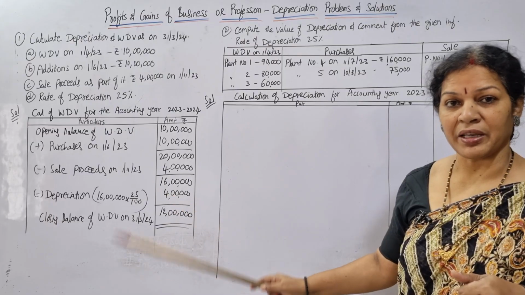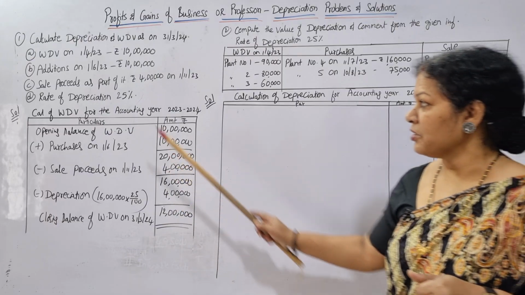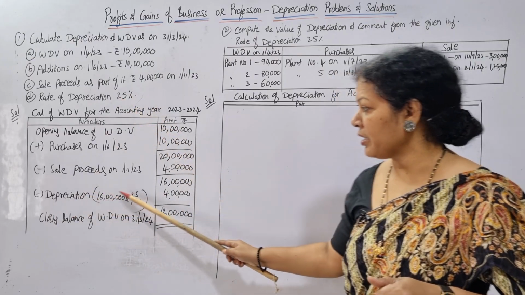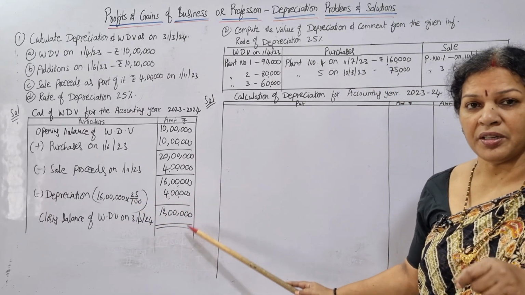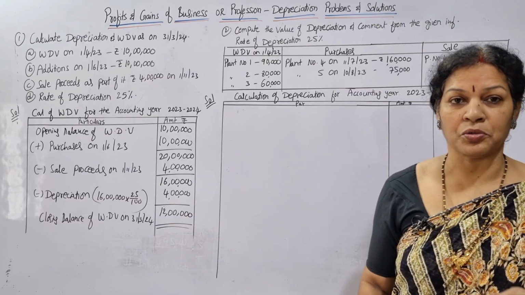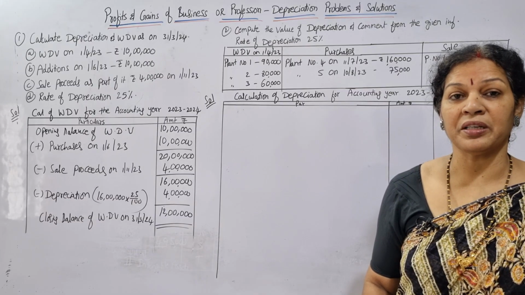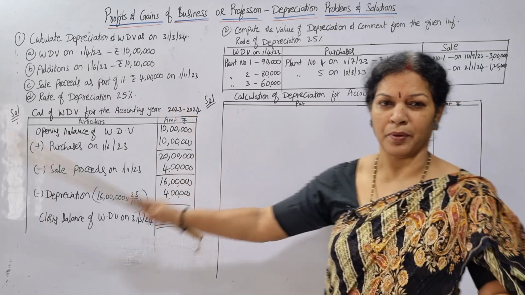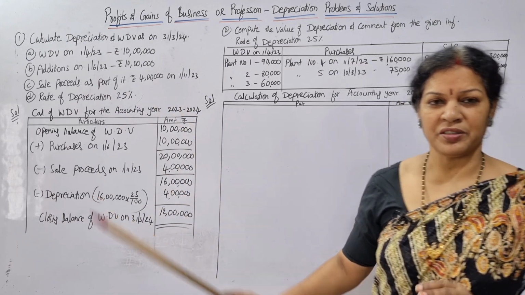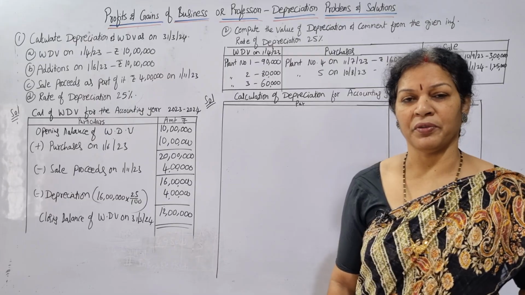On 16 lakh, we are calculating the percentage. Depreciation percentage is given. 16 lakh, 25% it comes to 4 lakh. If you deduct depreciation also, then whatever we are going to get, that is the closing balance of WDV. Basic problem. If you understand this, we'll go ahead for the further problems.